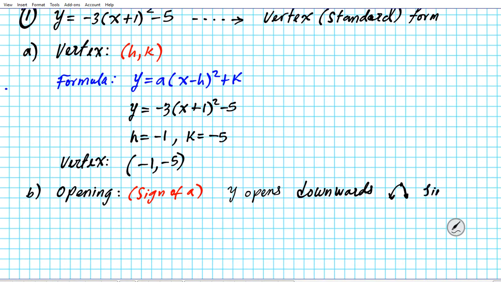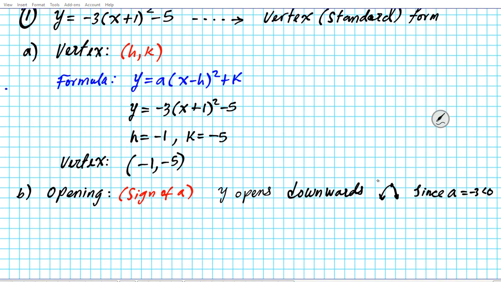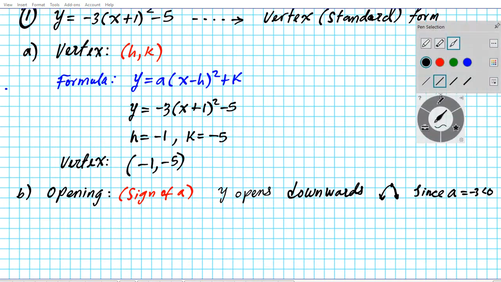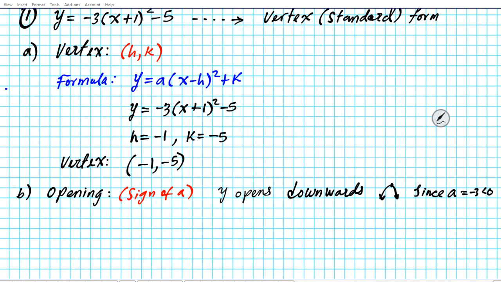Because a, which is negative 3, is less than 0. If you do not want to deal with the inequality notation, you can also say a is negative. If a is negative, that's sufficient to conclude that the opening of the related parabolic curve is downward.